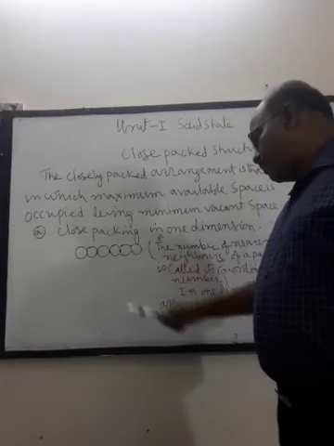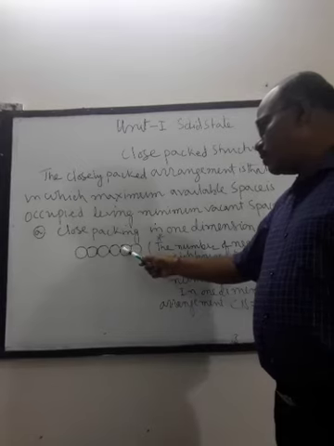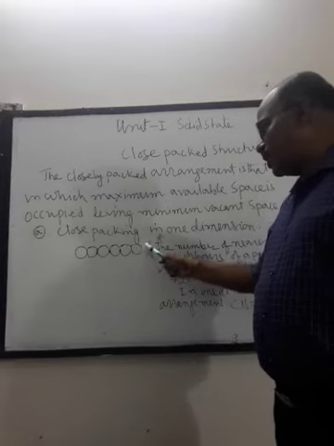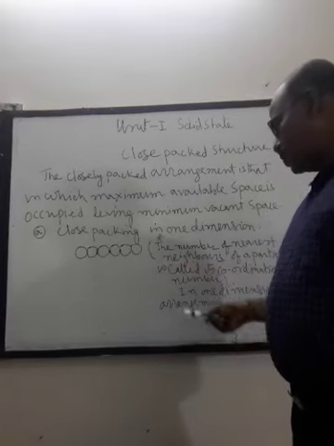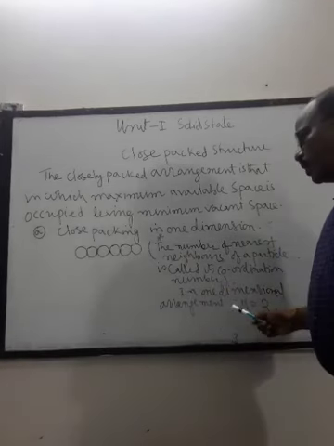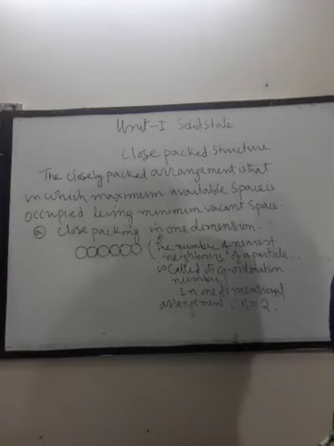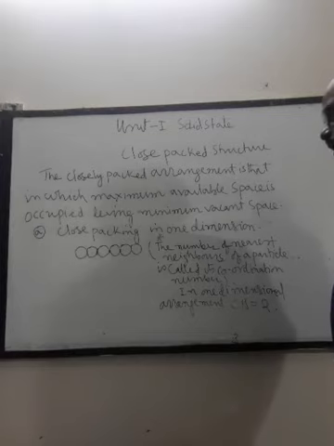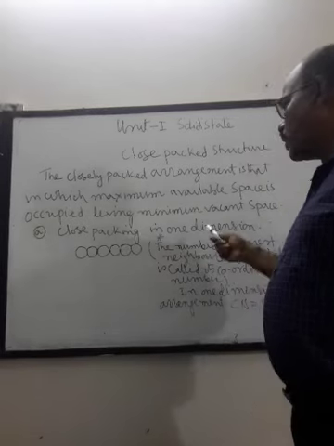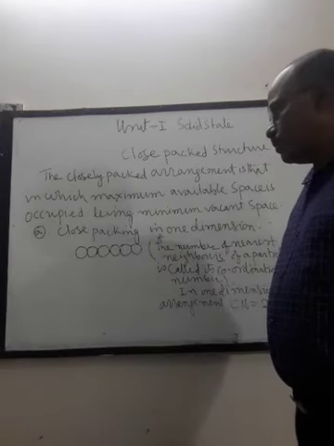So in this case, neighbors are 2, so coordination number is 2. If neighbors are 3, coordination number is 3. If neighbors are 4, coordination number is 4. So coordination number may be 2, 3, 4, 5, 6, 8, etc. This type of arrangement is called close packing in one dimension.